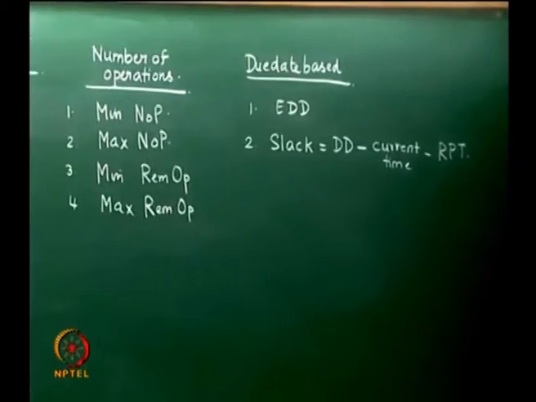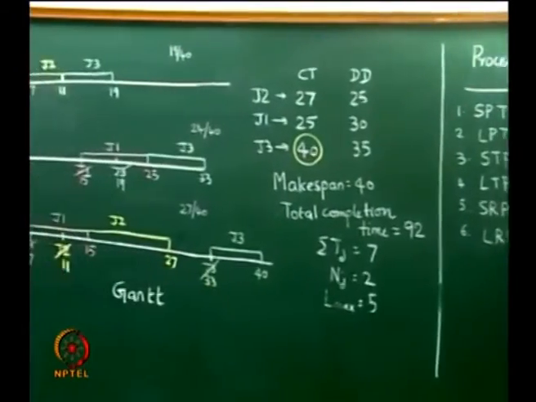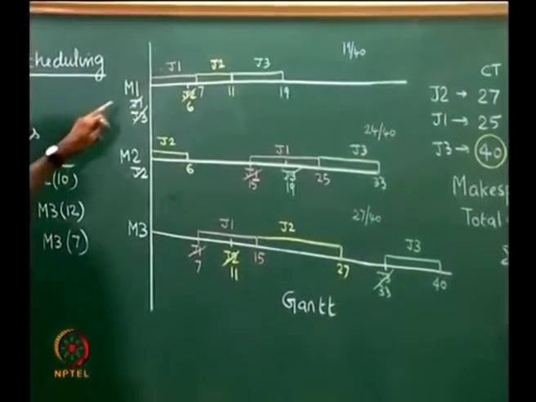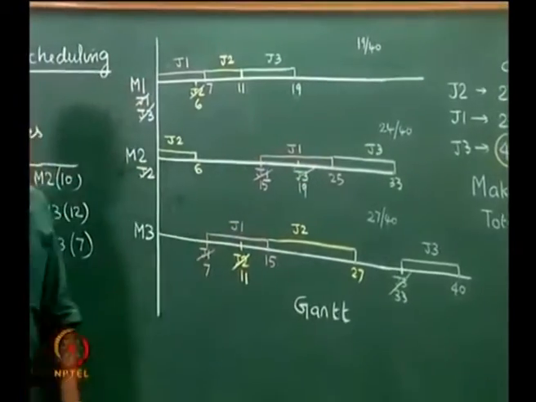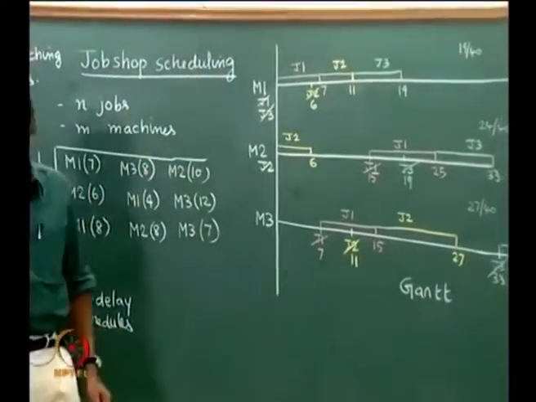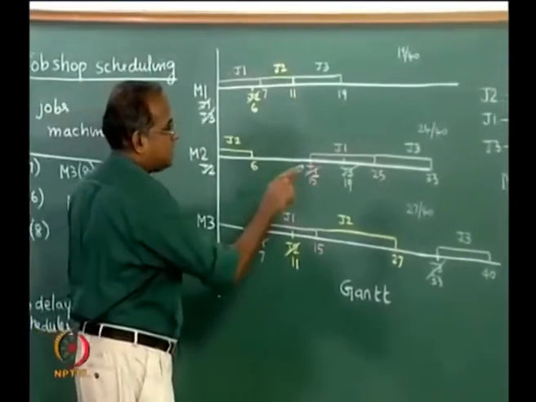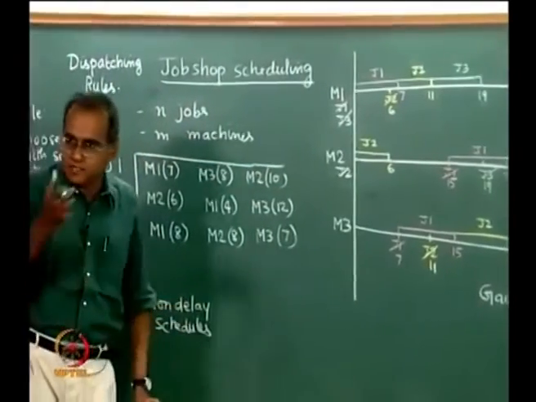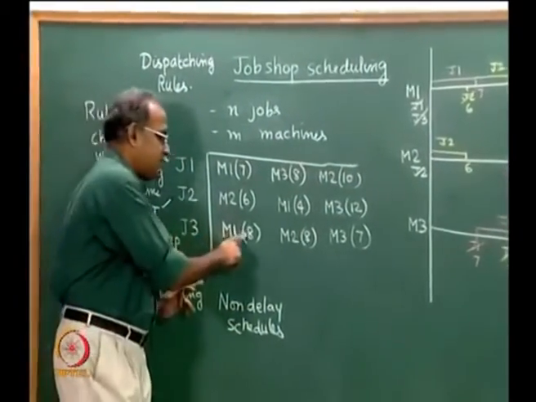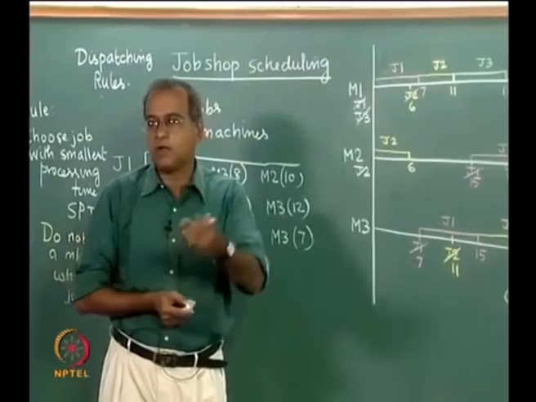For example, right here, to choose between J1 and J3, current time is 0, due date for J1 is 30. So, due date 30 minus current time 0, 30 minus remaining processing time is 7 plus 8, 15 plus 10, 25. So, slack is 5 for J1. Now, for J3, due date is 35, current time is 0, total time is 23. So, slack is 12. So, based on minimum slack, J1 can be taken.